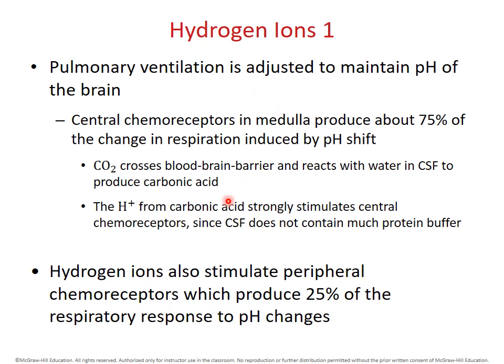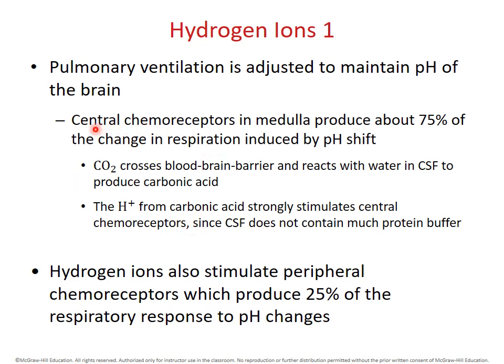Okay, so again, as we said, we're primarily monitoring the pH and specifically of the brain. What the brain gets is probably typical of what other organs in the body are getting. And of course, we talked about how very sensitive brain tissue is to a loss of oxygen or a lack of oxygen. So it makes sense that the brain is probably the most important organ to monitor, and as the brain goes, so goes the rest of the body.